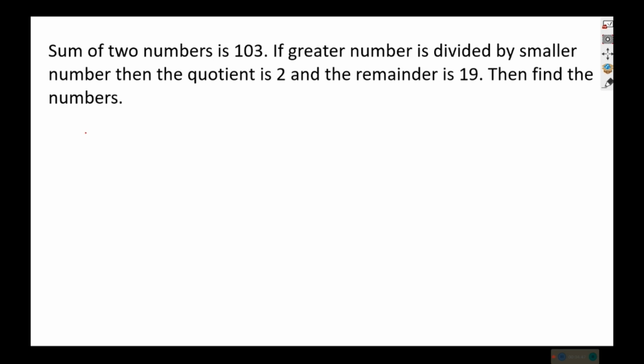Before entering into what the variables are, let me tell you the relationship: dividend is equal to divisor into quotient plus remainder. That is what you studied.